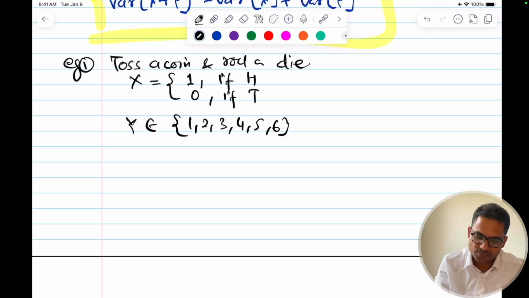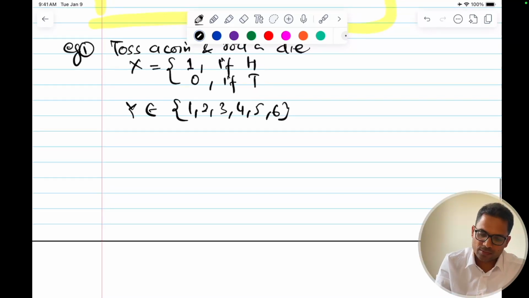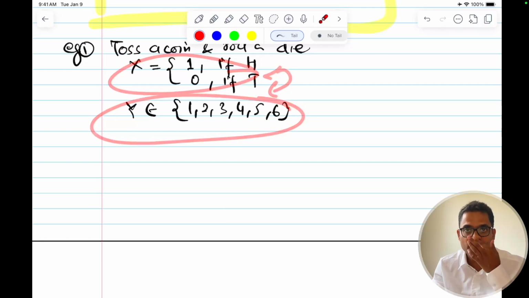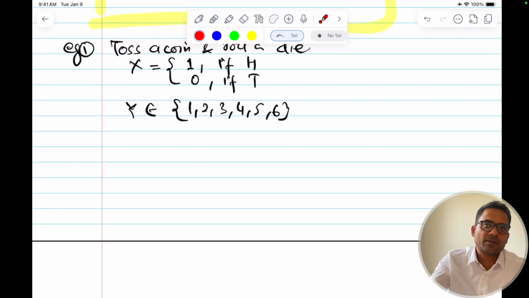Okay, so what's next? So what will be all the possible outcomes? Here you can clearly see that both the random variables are independent. If I get a heads, it doesn't impact whether I get a 2 or a 3 or a 5 if I roll a die. So these two are independent.